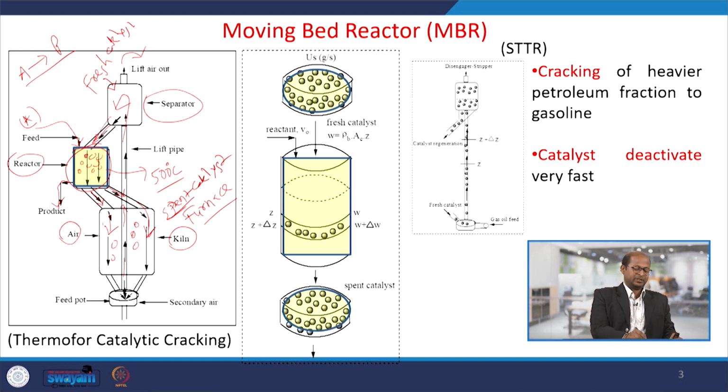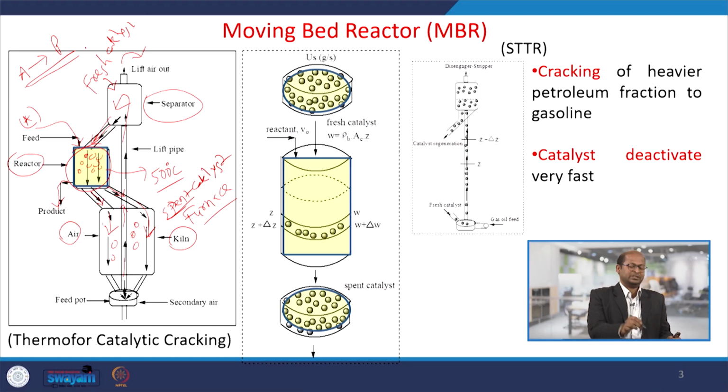Then again that fresh catalyst would enter the reactor, and the system will automatically run throughout, maybe 1 day, 2 days, 3 days, 30 days or 1 year of operation. That way the system will operate continuously, and that is the continuous operation that usually works on an industrial scale.